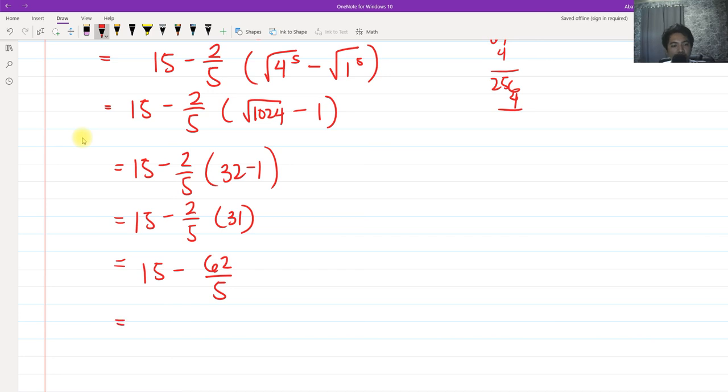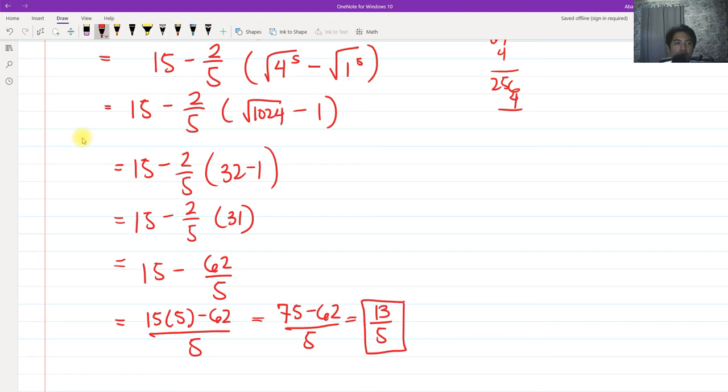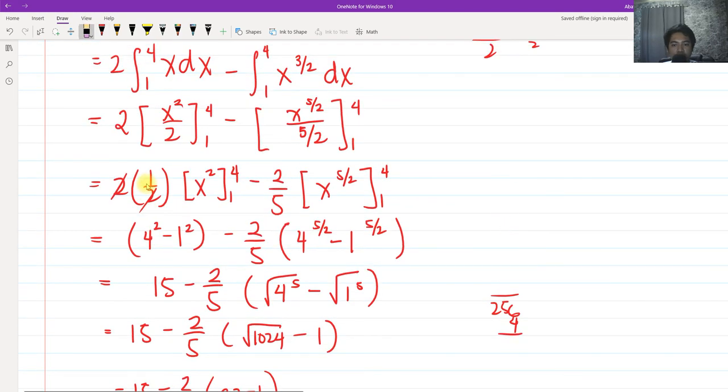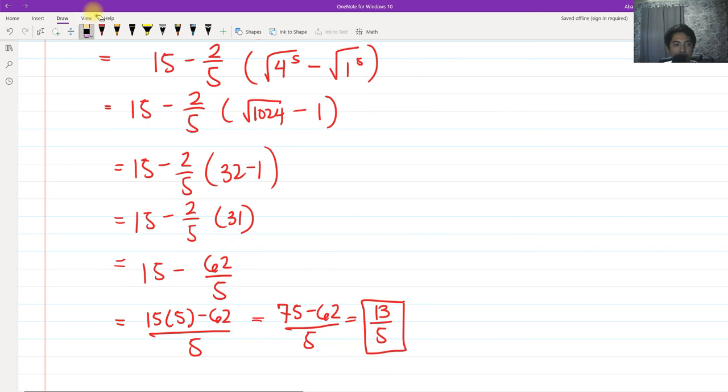Evaluating that, that would become 15 times 5 minus 62 all over 5. 15 times 5 is 75, minus 62 all over 5. 75 minus 62 would be 13, so that would be 13 all over 5. That would be our answer for this problem.